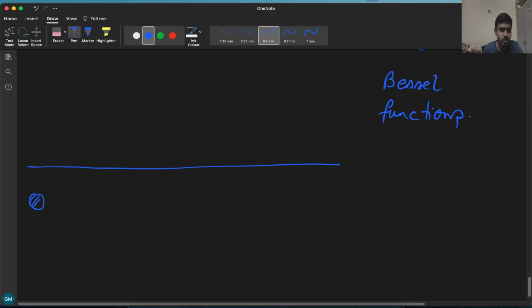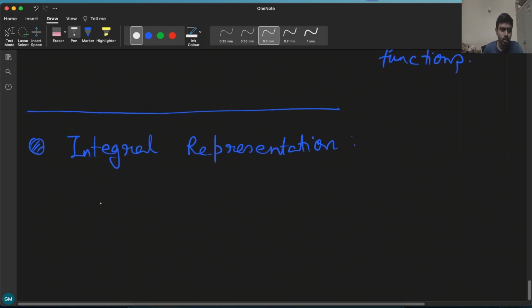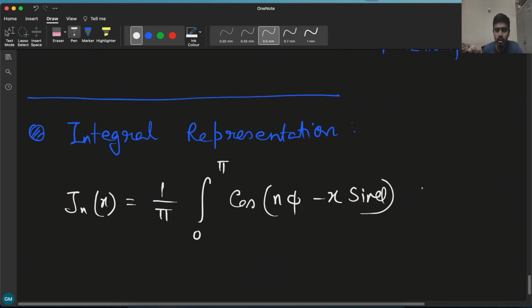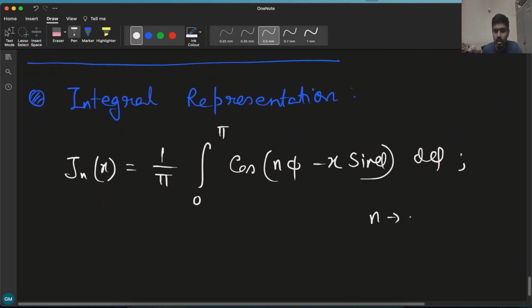One such method is the integral representation of the Bessel function, which is written as J n x equals 1 by pi, integration from 0 to pi, cos of n phi minus x sin phi, d phi, where n is an integer.